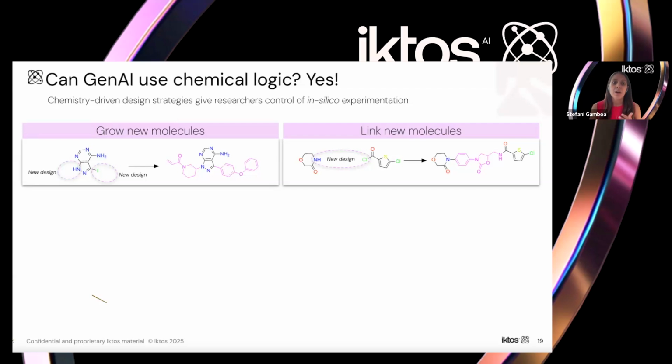So specifically, our GenAI enables two chemistry-driven design strategies, which are growing new molecules and linking fragments into novel compounds. In growing mode, we start from a known substructure and selectively expand it. And then on the other hand, in linking mode, we bridge fragments to generate synthetically viable compounds.